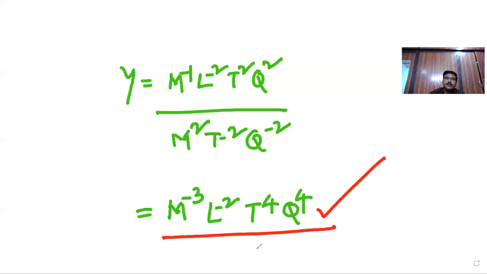Clear? So in this case, you should know the capacitance dimension formula. Similarly, you should know the magnetic induction dimension formula. Then it is very easy to directly substitute and get the solution.